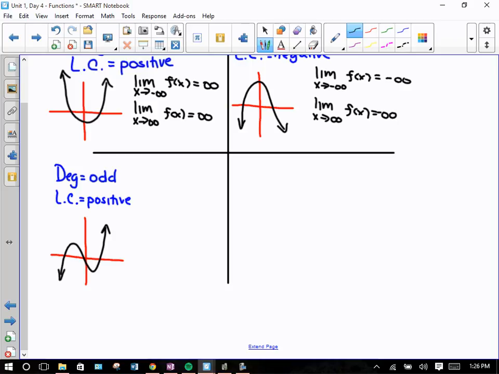They're always going to start down low, end up high. So you're always going to have the limit as x approaches negative infinity of f of x is equal to negative infinity. The limit as x approaches positive infinity of f of x is equal to positive infinity.